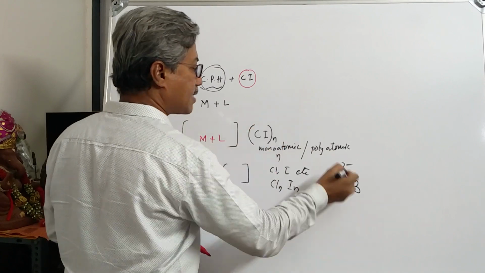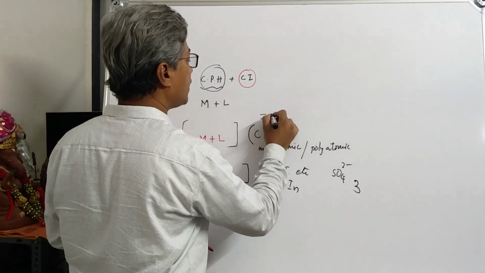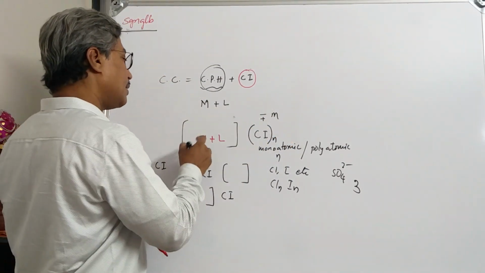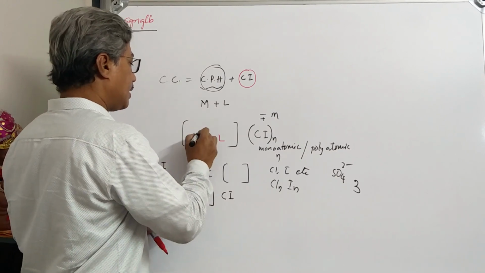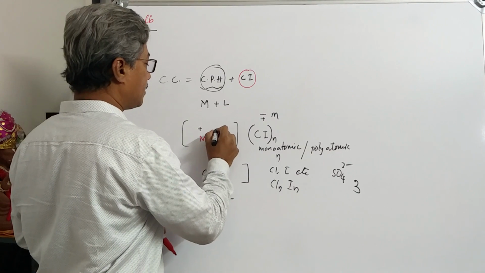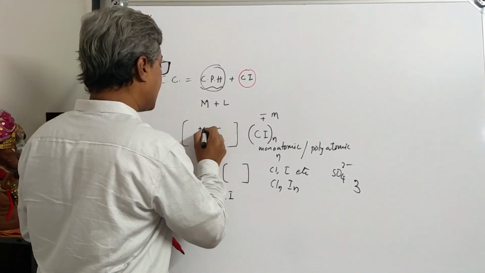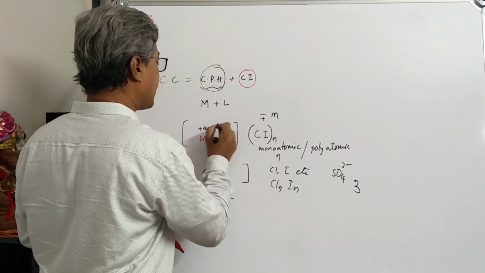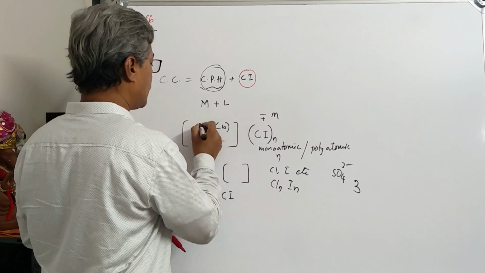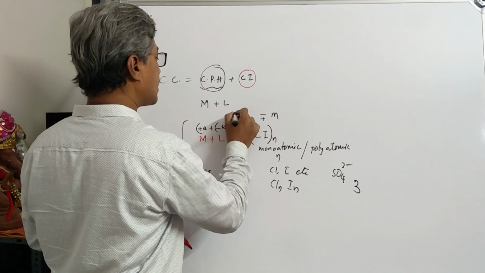Then it will have some charge. Say sulfate will have some negative charge or positive charge, say m times it may have charge. Then come to this. Metal has some plus oxidation state and ligand has negative sign. Say this is plus A, minus B. Sum of these two will be equal to plus or minus n.